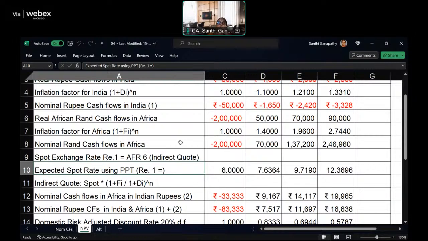Now you already have cash flows in India together. See how much should be the nominal cash flows, both in India as well as Africa.